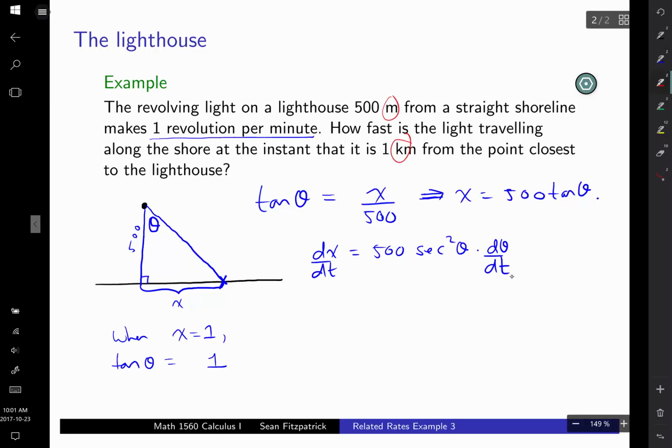Units, guys. Meters, kilometers. How many meters in a kilometer? 1,000 meters in a kilometer. So let's say I choose to work in meters. Leave that as 500. So really, what we mean here is not x equals 1, but when x equals 1,000. So 1,000 over 500, which is 2.